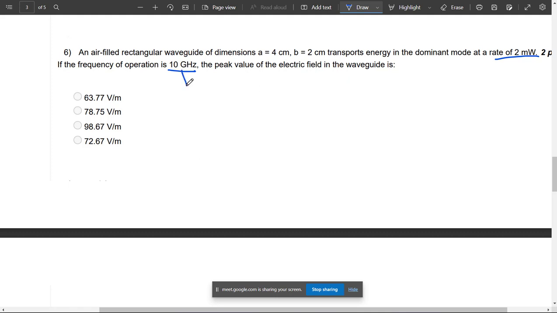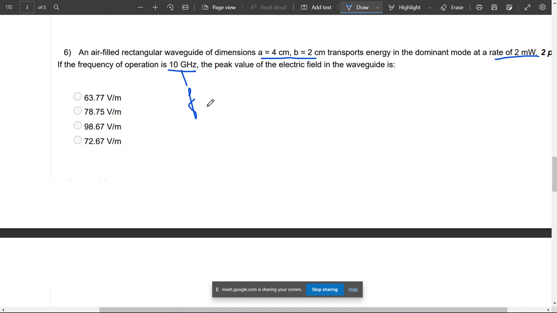The peak value of electric field in the waveguide is? Okay, so A is given, B is given, dominant mode, rate is given to us, frequency is given to us.